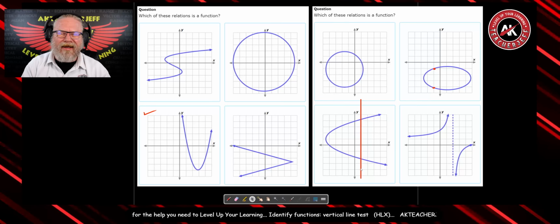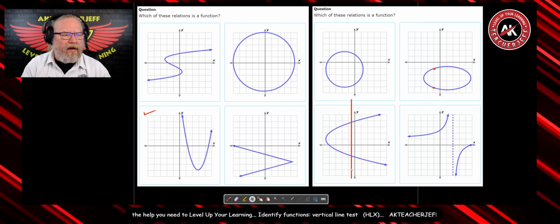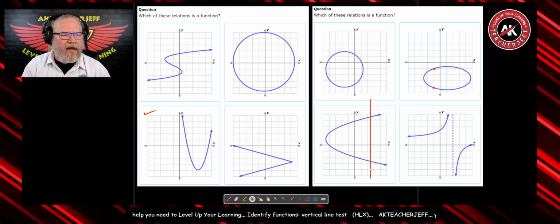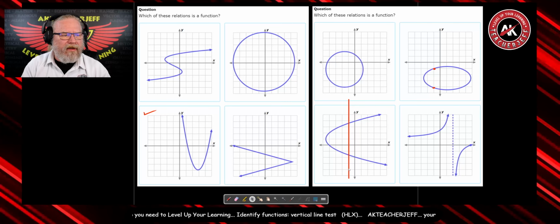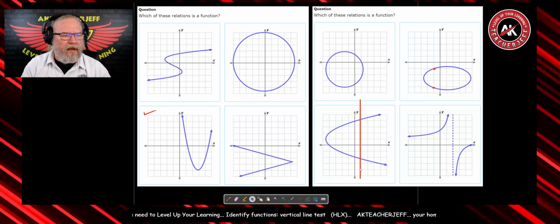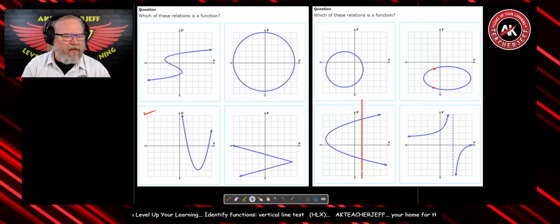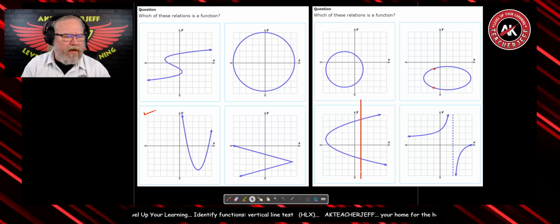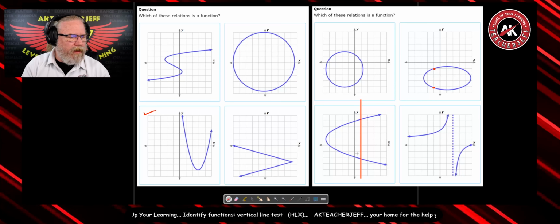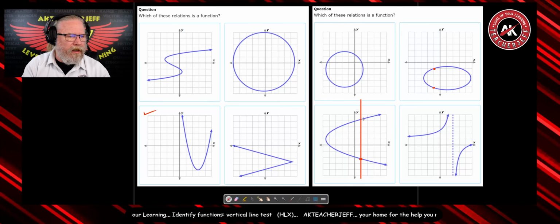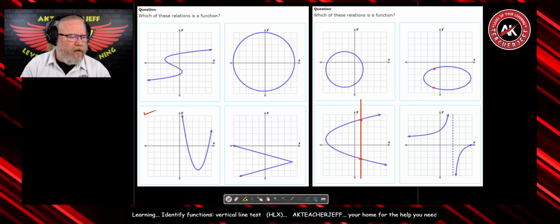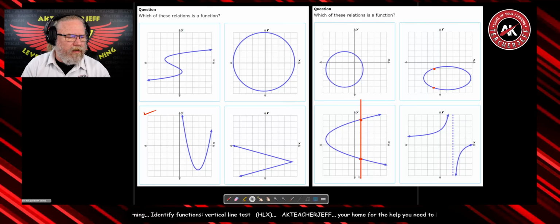This is like a parabola on its side, right? As we drag across here, we have plenty of places where we have 2 different y values, like for instance where x is +1. Grab that, there we go. This point here and this point here are 2 y values when x is equal to +1.